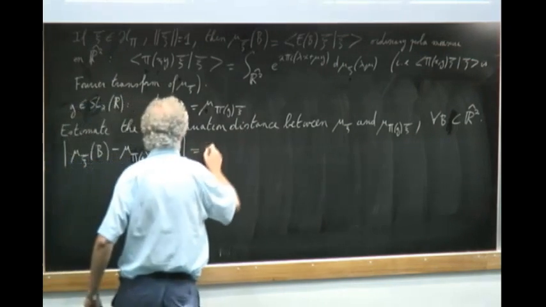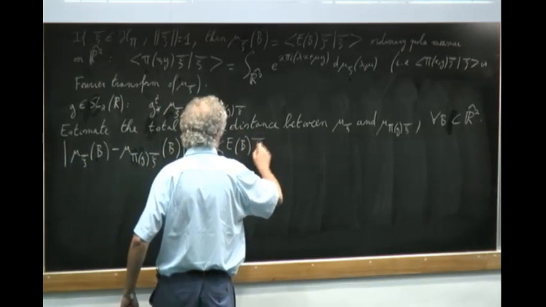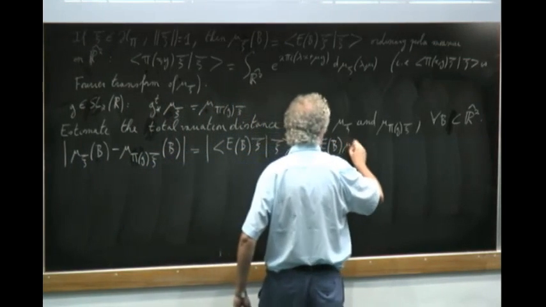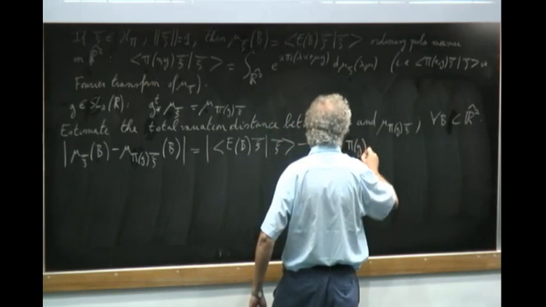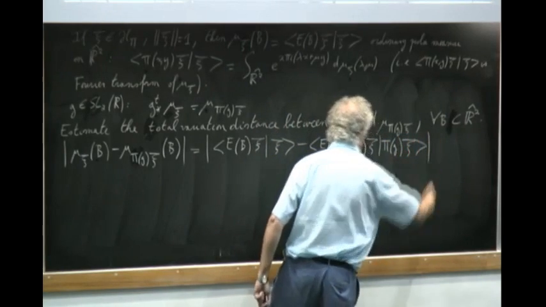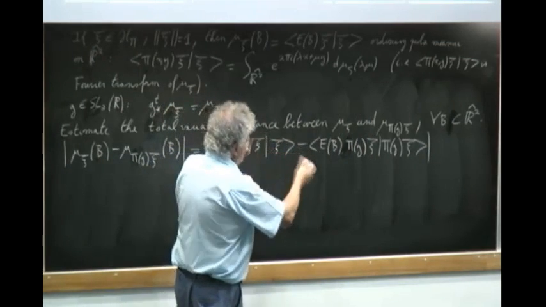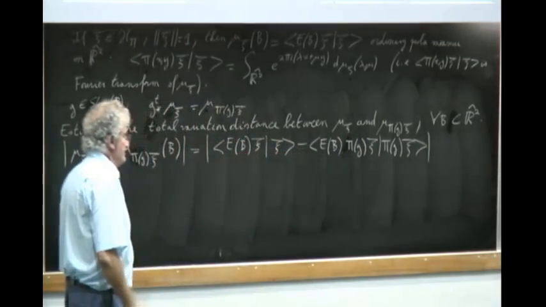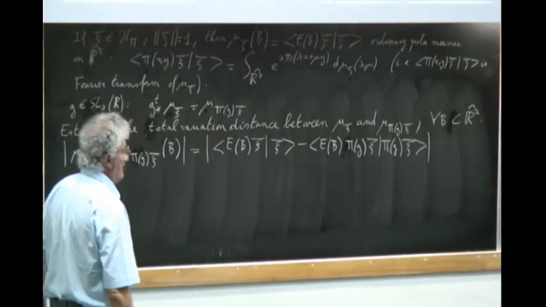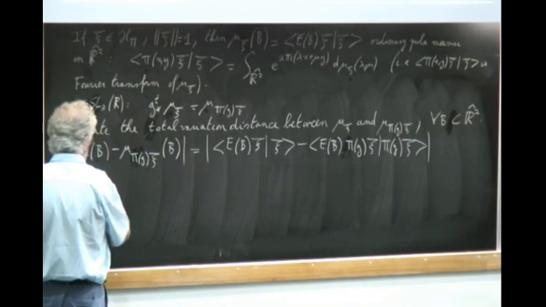Okay, so this is E of B psi, psi minus E of B pi of g psi, pi of g psi. And now, usual trick, I'm going to subtract and add the same quantity to be able to apply Cauchy-Schwarz in a clever way. So let's see.